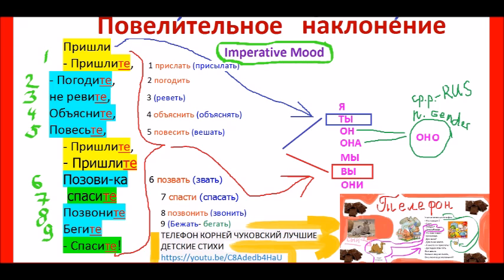Погодить, to wait, synonym to ждать. Реветь, very informal, to cry with tears, or for animals to make a loud sound, voicing. Объяснить, объяснять, to explain. Объяснить, объяснять. You see there твердый знак, hard sign.